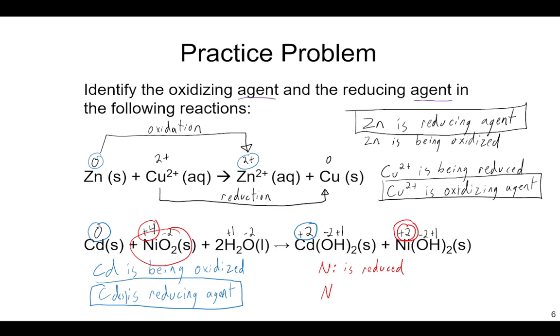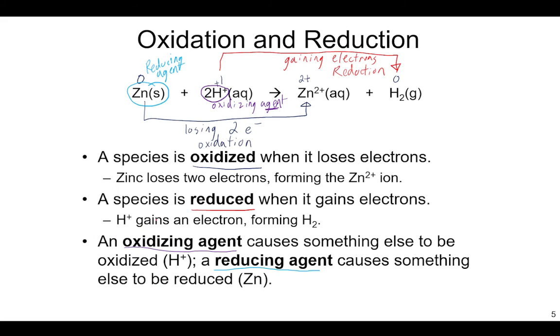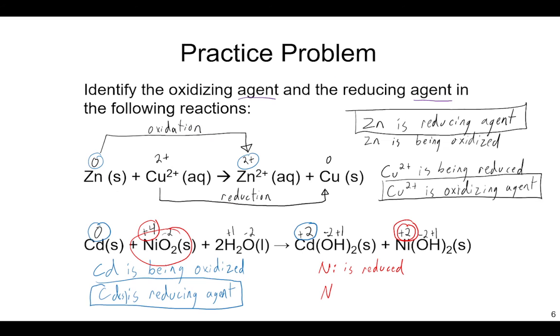Even though it's nickel itself that is being reduced, when we refer to an agent, it's the entire molecule, which didn't really come into play in these previous examples because all the elements were sort of by themselves. But here, we identify elemental nickel as being reduced. So the reactant that contains nickel, or nickel oxide as a solid, that is the oxidizing agent.